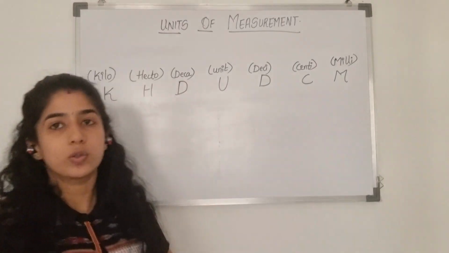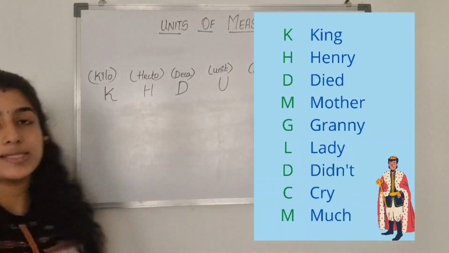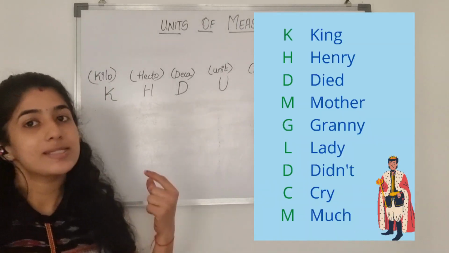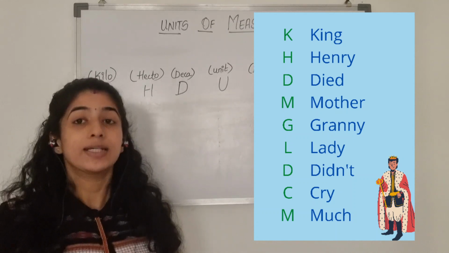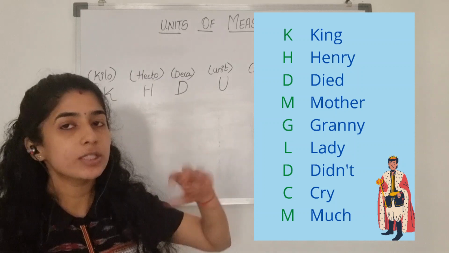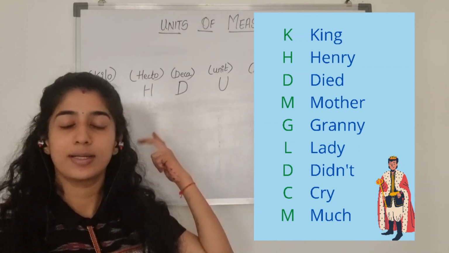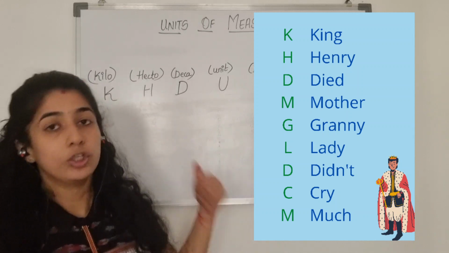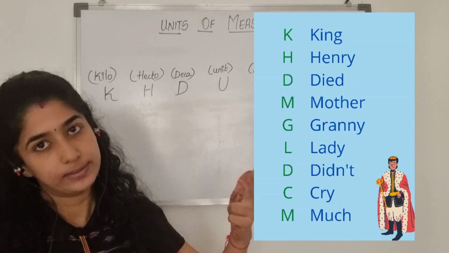So the trick goes like this, to remember the sequence: for kilo, that is K, there is a word known as King. For hecto, it is Henry. For D, it is Died. For the basic units, we have 3 basic units, which are M for meter, G for gram, L for liter. So for those it will be mother, granny, lady.